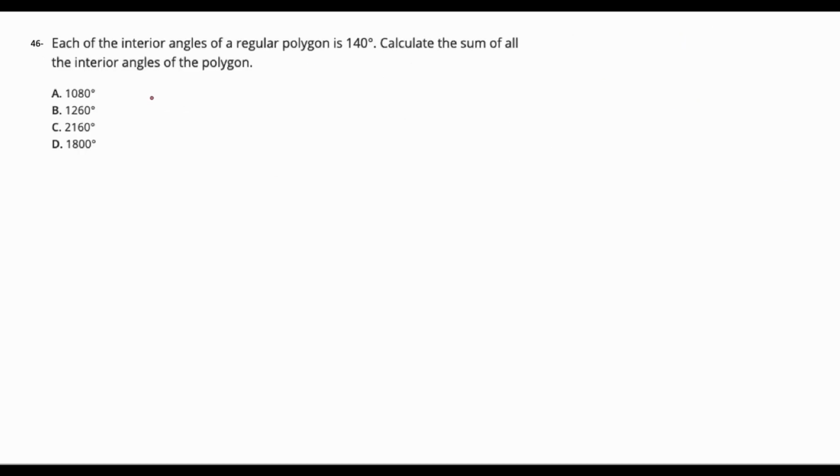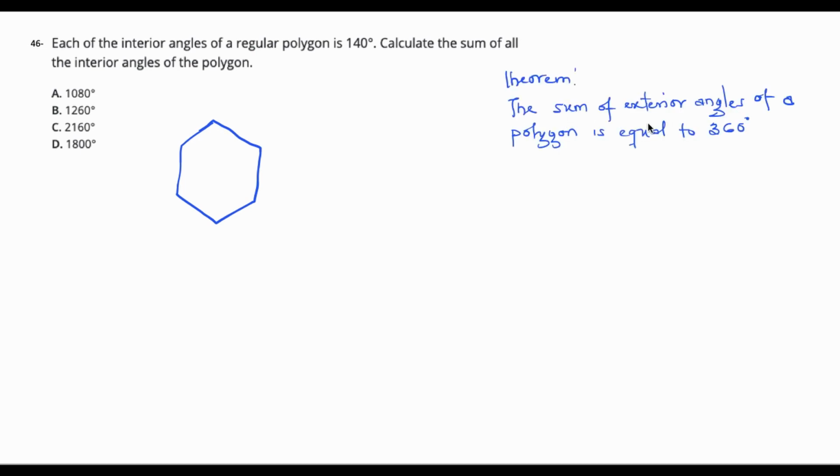Question 46 says, each of the interior angles of a regular polygon is 140 degrees. Calculate the sum of all the interior angles of the polygon. So if we have a polygon, any polygon at all, for example, let's take this hexagon right here. There's a theorem that says that the sum of exterior angles of a polygon is equal to 360 degrees, any polygon.